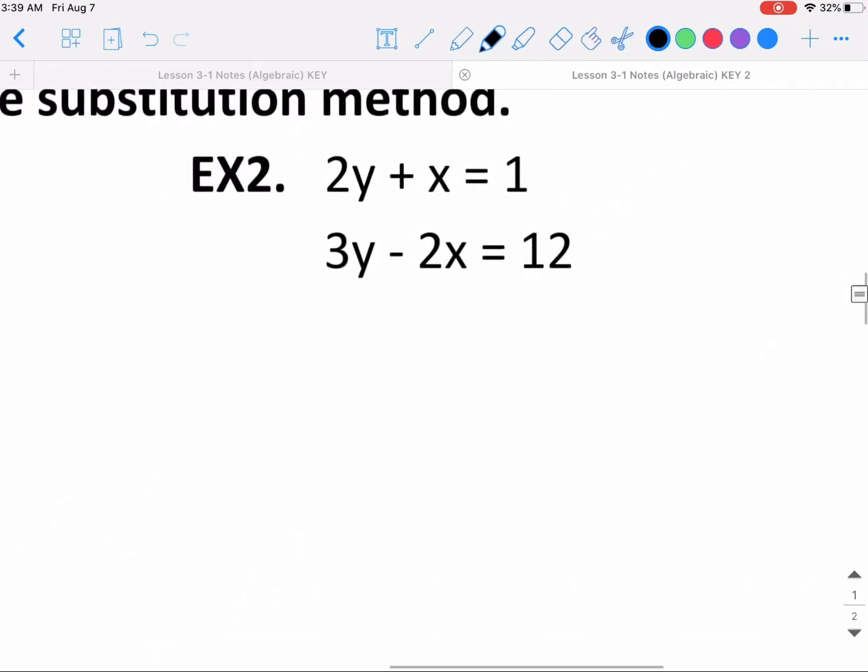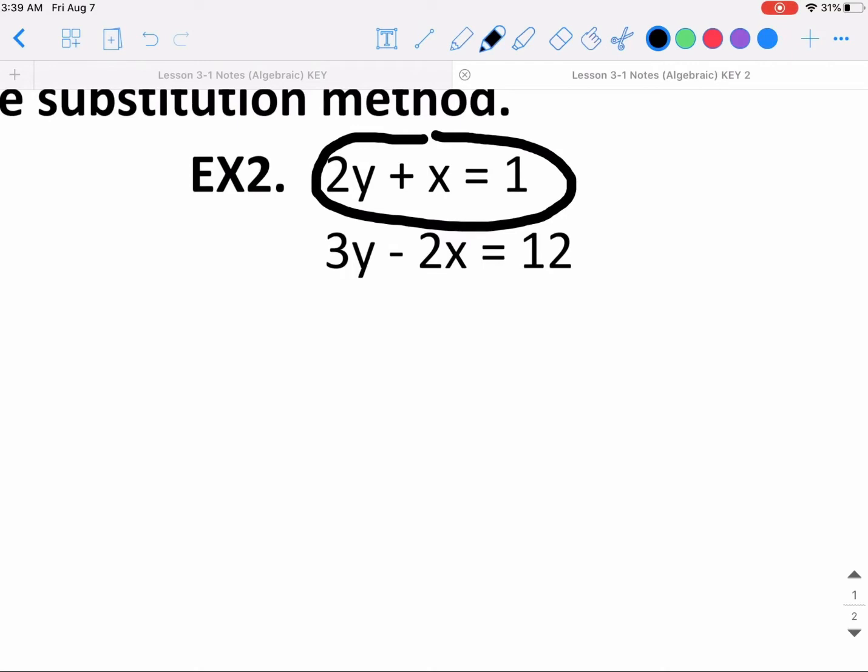Looking at example 2, I want to use the substitution method to solve this one. The first step is to get one of the variables by itself. This equation here is probably the easiest for me to do that with because I have an x by itself, and all I'll have to do is move the 2y to the other side.